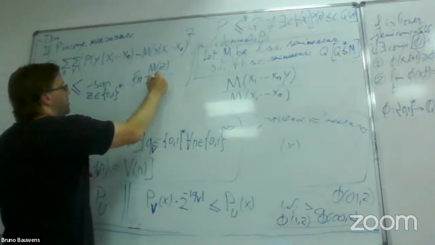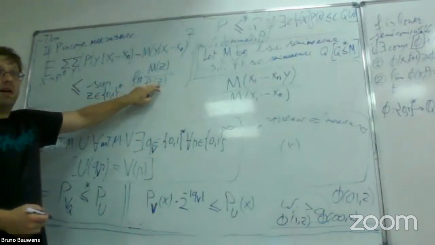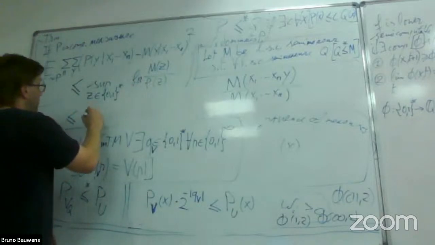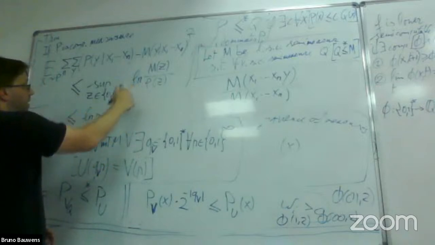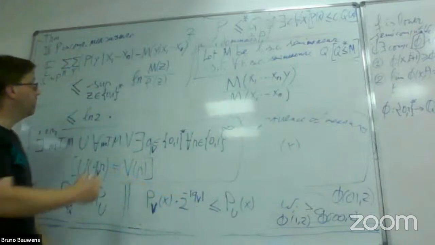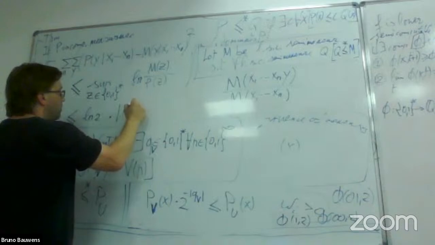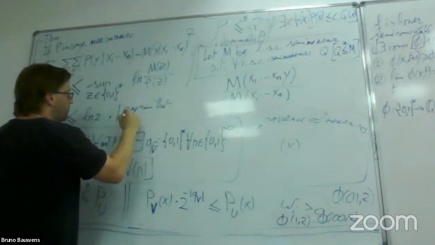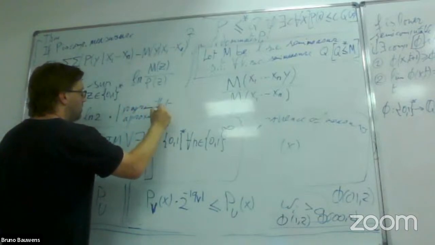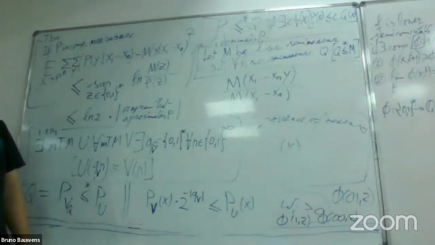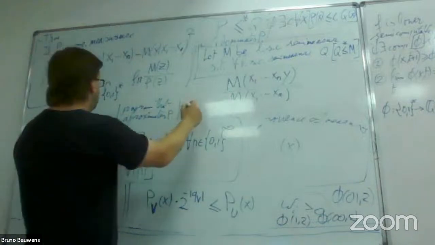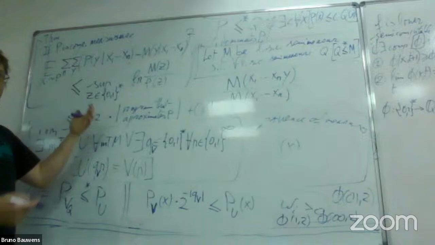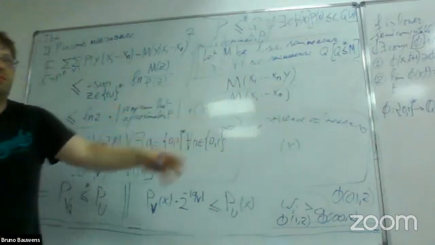So here we have the unconditional probability. And we know something more, that this is bounded by the program length to compute P. So this is bounded by ln 2 times, since we don't have binary logarithm, there is a power 2 to the q here, times the length of the program that computes an approximation of P. It has to be a self-delimiting program, and then if you give it the string x and some time t, it starts.